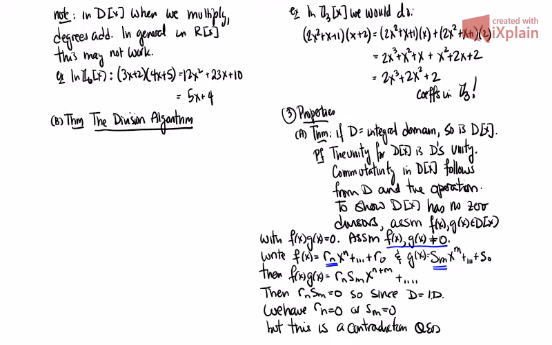This specifically happens when you start with a field. So let F be a field, and let f of x and g of x be in F adjoined x.